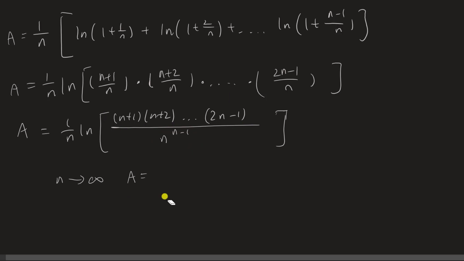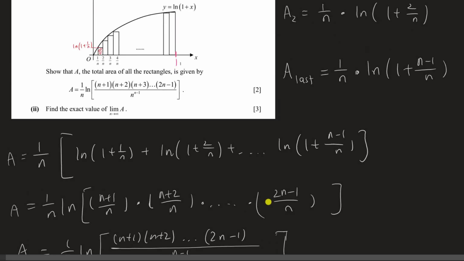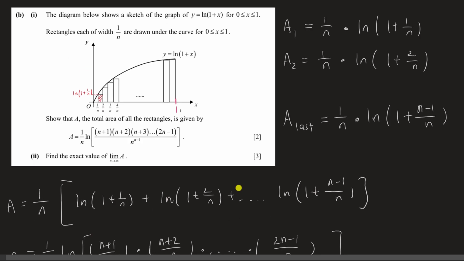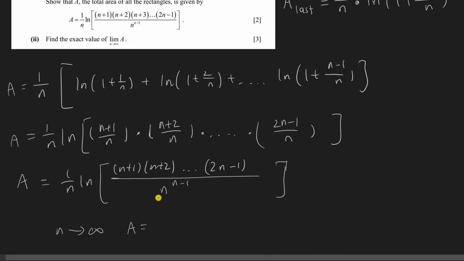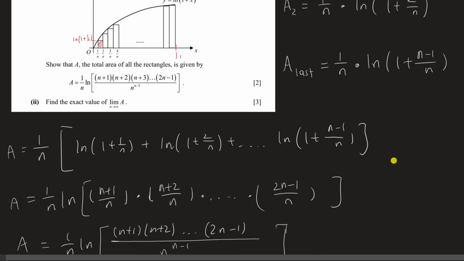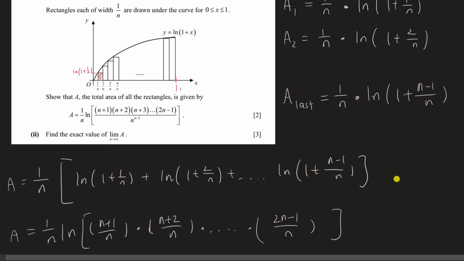You have to understand the idea that when n goes to infinity, what happens to the area? Instead of doing this mathematically, we have to know that it becomes the actual area under the graph. This is the learning point of Riemann sums. The sum of the area of rectangles underneath the curve when the number of rectangles goes to infinity is indeed the actual area underneath the curve, done via integration.